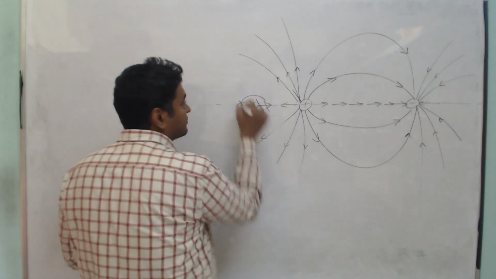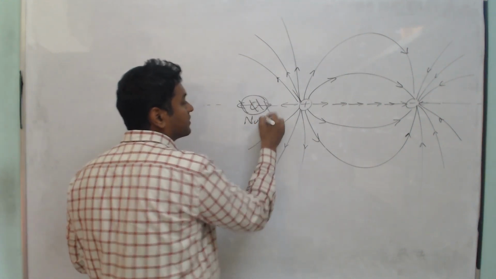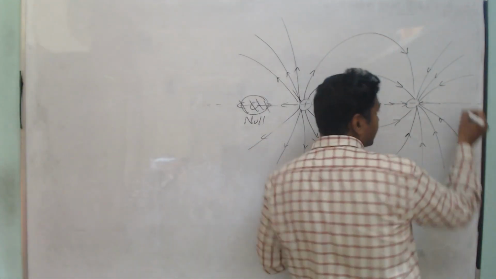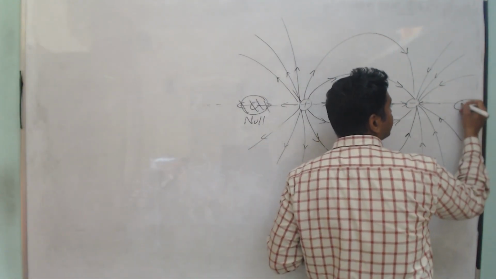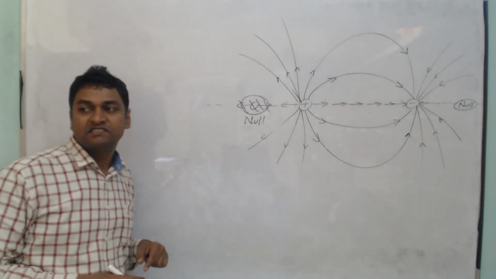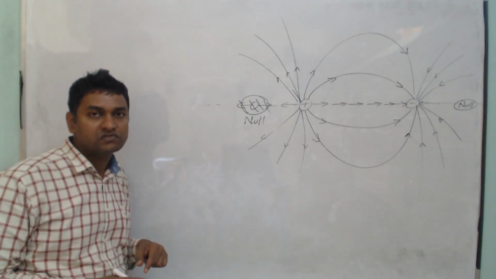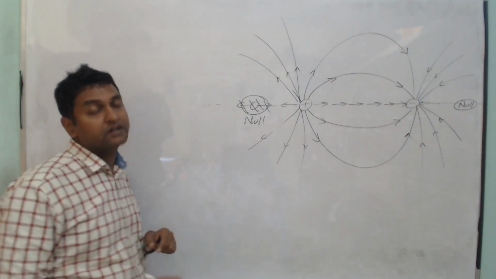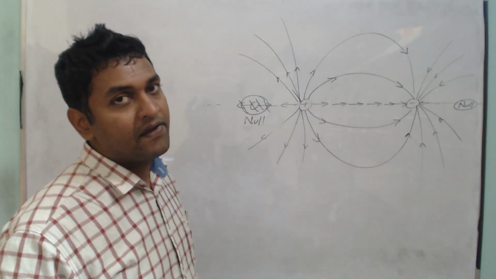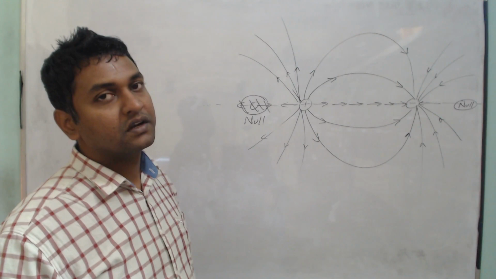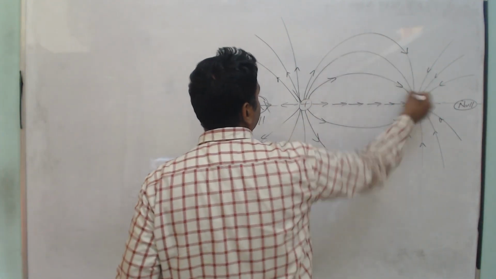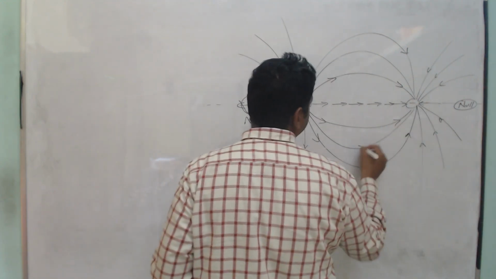So this will have a null region somewhere over here, and more or less in this direction, here also I will have a null region. There is a possibility depending on the magnitude of charges. Understood? But every other field line will basically look like this.